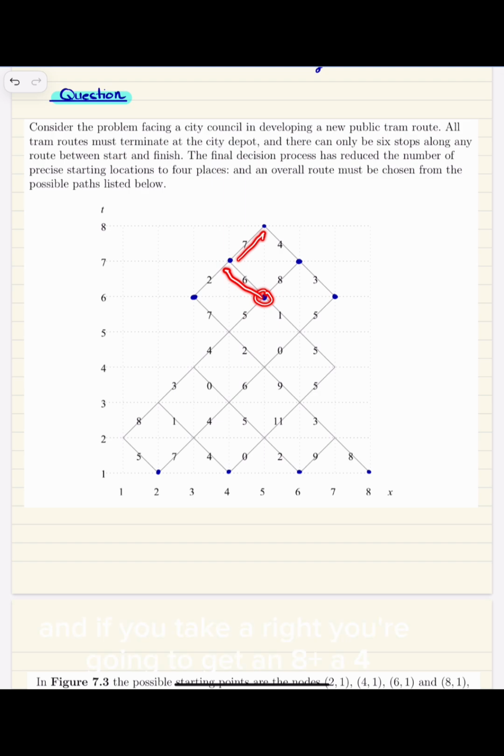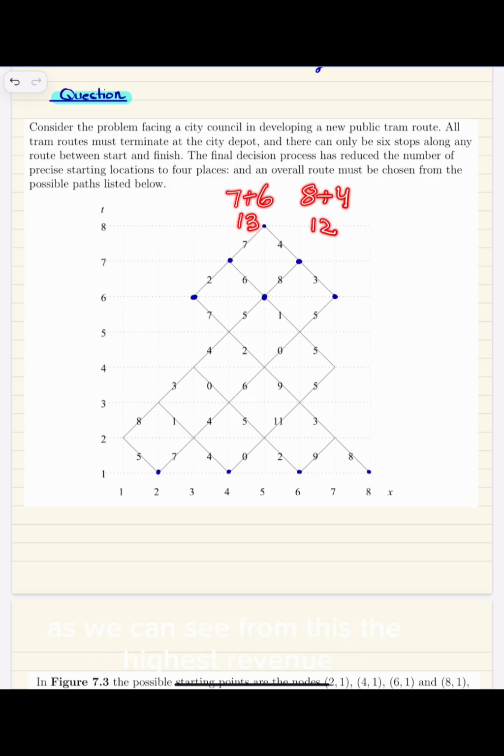And if you take a right, you're going to get an 8 plus a 4. So he's now going to have two options. Should he pick 7 plus 6, which is a 13 revenue, or should he pick 8 plus a 4, which is 12?